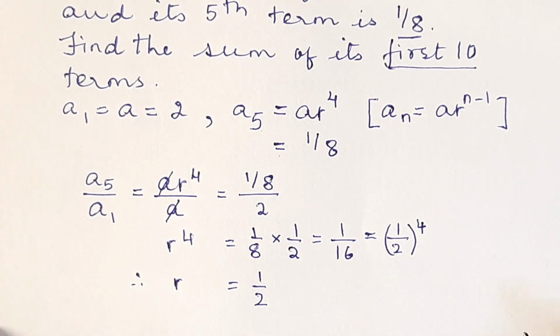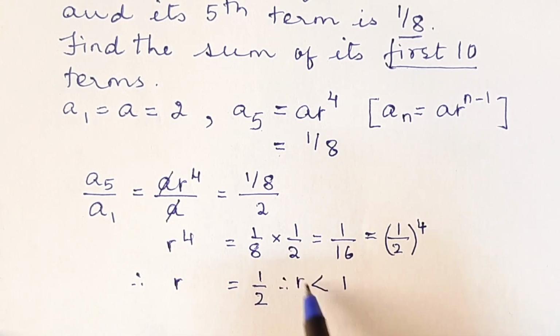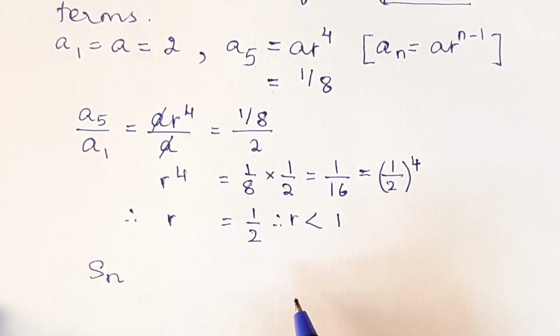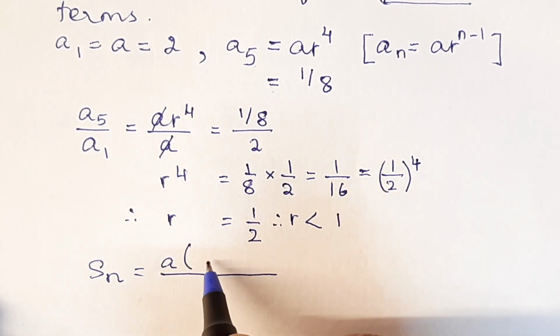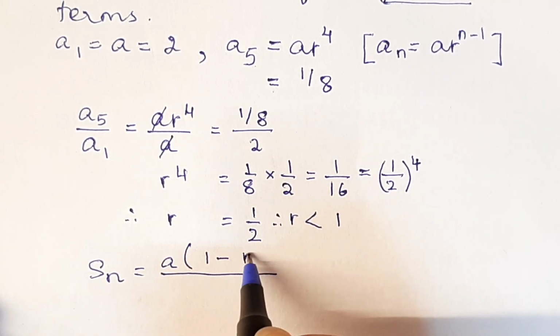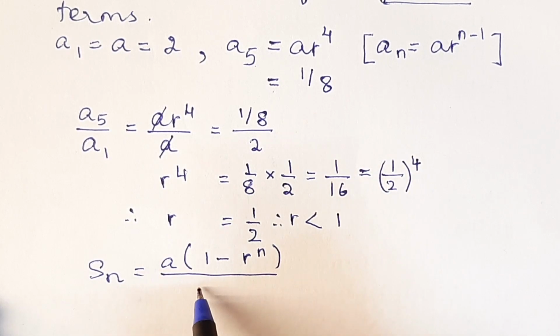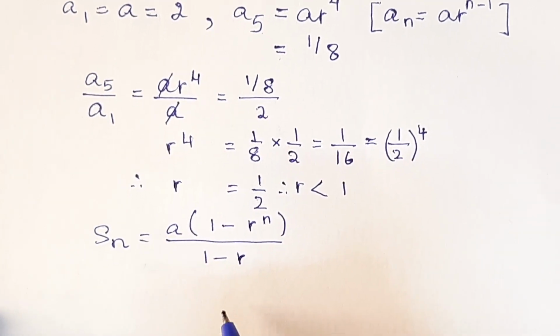Now remember, for the SN formula there are two formulas, when r is greater than 1 and when r is less than 1. Now this is half, which is less than 1. And so we will say since r is less than 1, our SN formula becomes a into bracket 1 minus r to the power n upon 1 minus r.